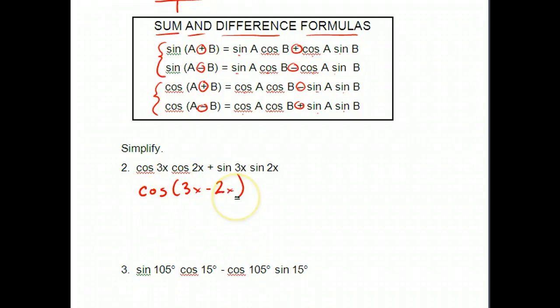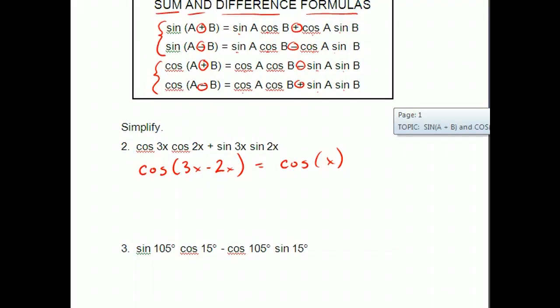That neatens it up a little bit. And because these are like terms, cos of 3x minus 2x gives me just x.